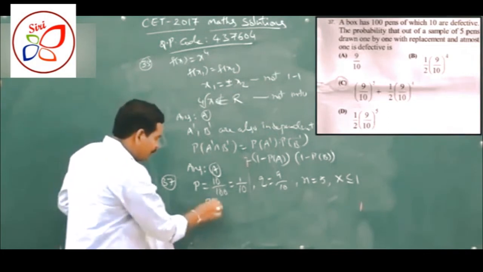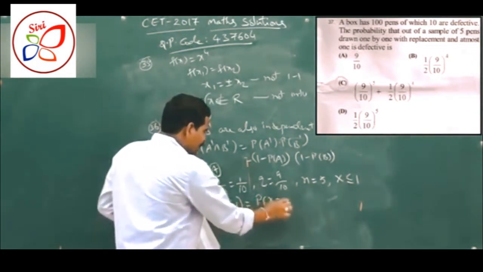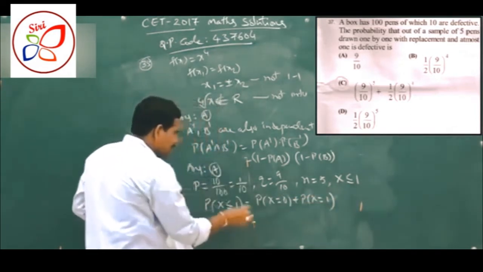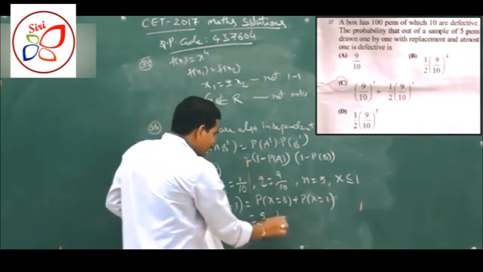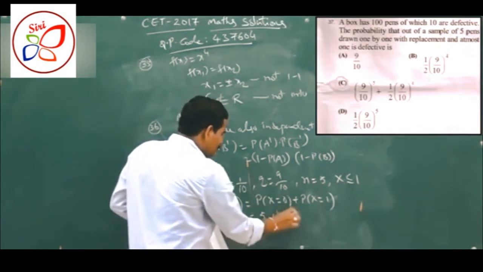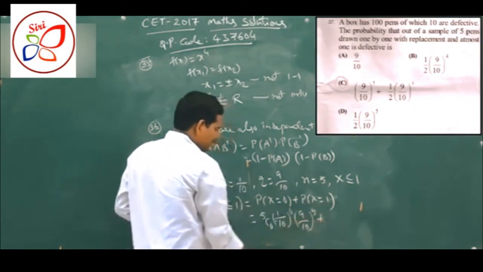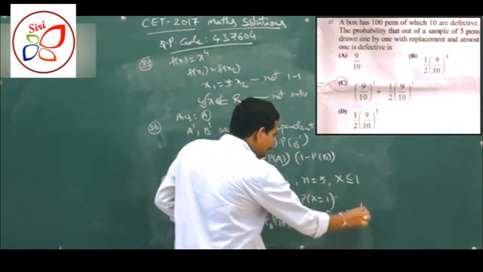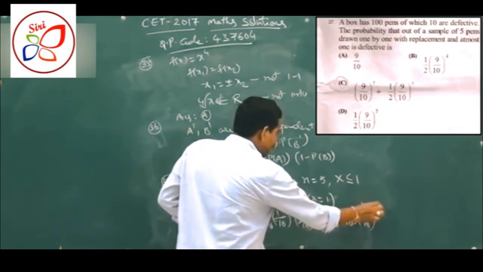So probability of x less than or equal to 1 means either probability of x equal to 0 plus probability of x equal to 1. It means 5C0 (1 by 10) to the power 0 (9 by 10) to the power 5 plus 5C1 (1 by 10) into (9 by 10) to the power 4.